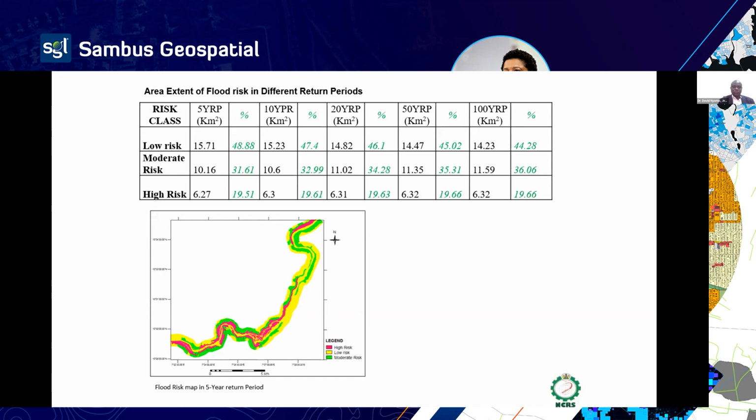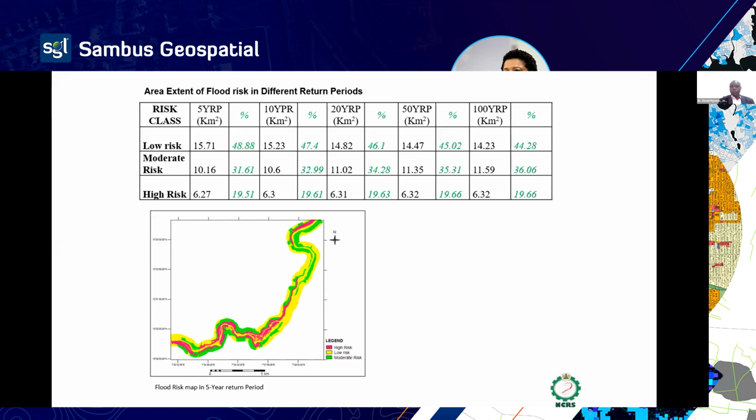Because it's just a demonstration, most of the communities were highlighted, and the extent of those communities were extracted within a corridor of 500 meters on both sides of the river. With this, we were able to find most of the areas that were at risk: high risk, low risk, and moderate risk. And moderate does not mean no risk; it means there was still risk, even within a 500-meter corridor from the river.